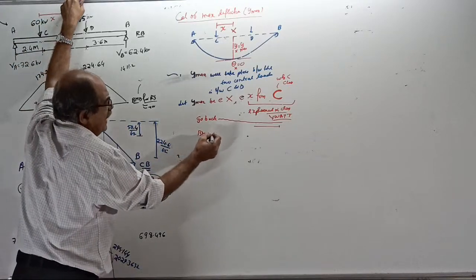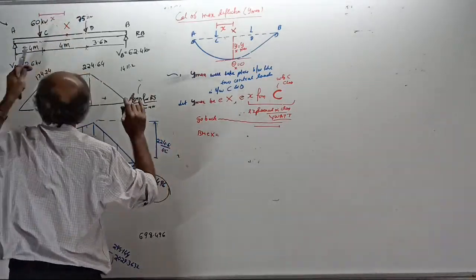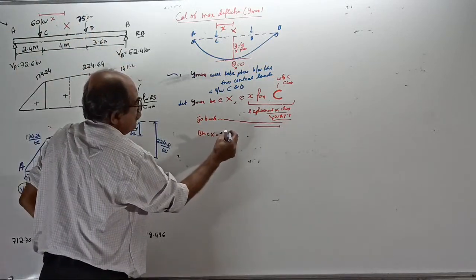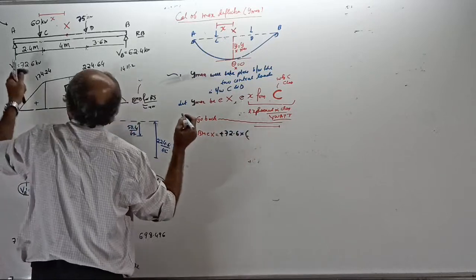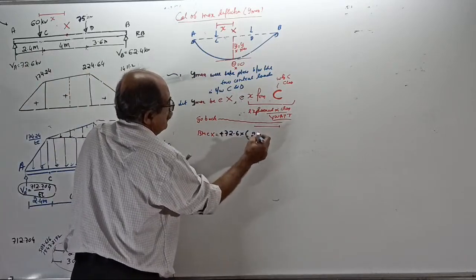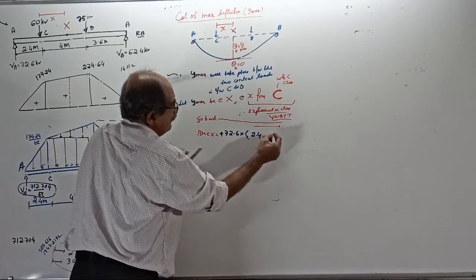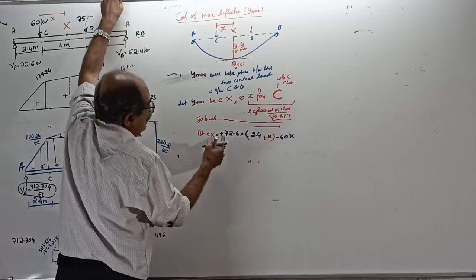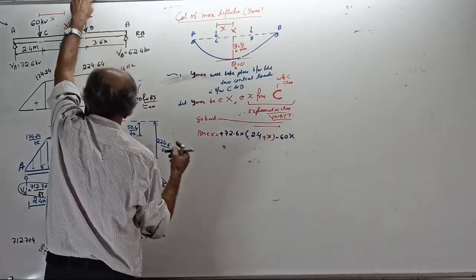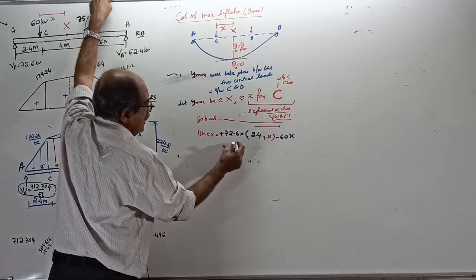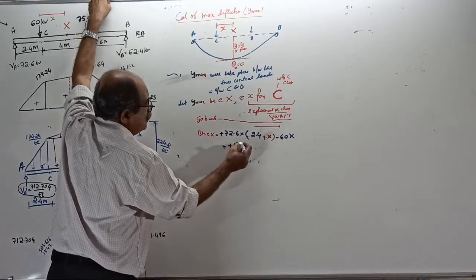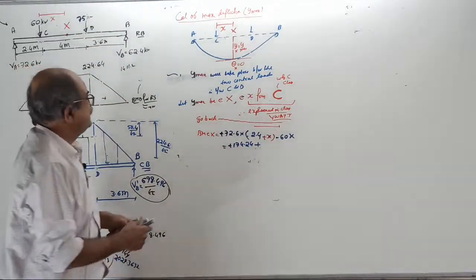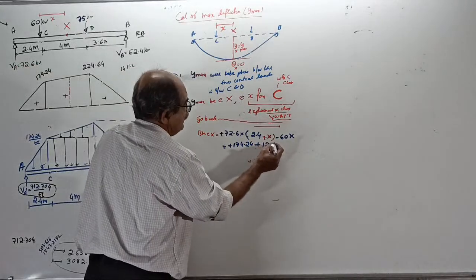Bending moment at the point x equals 72.6 into (2.4 plus x) minus 60 into x, which equals 72.6 into 2.4, that is 174.24, plus (72.6 minus 60), that is plus 12.6, into x.